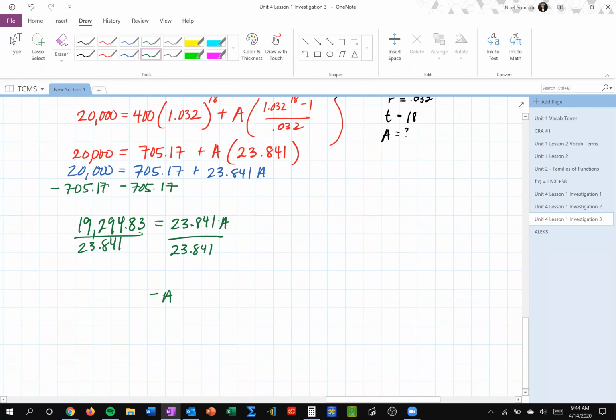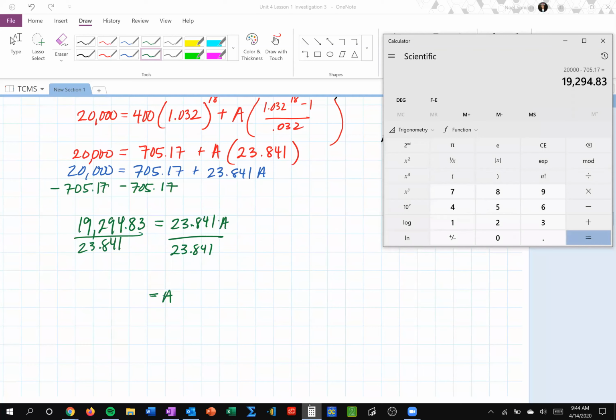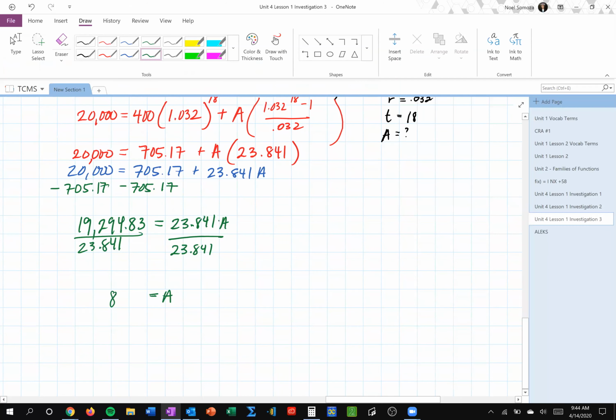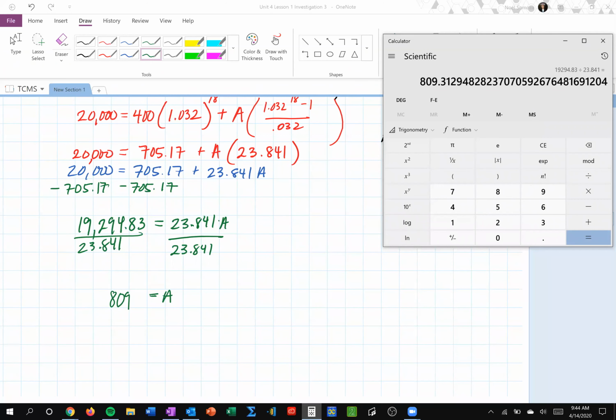And A is going to equal for us $809 with, let's just say, 32 cents.